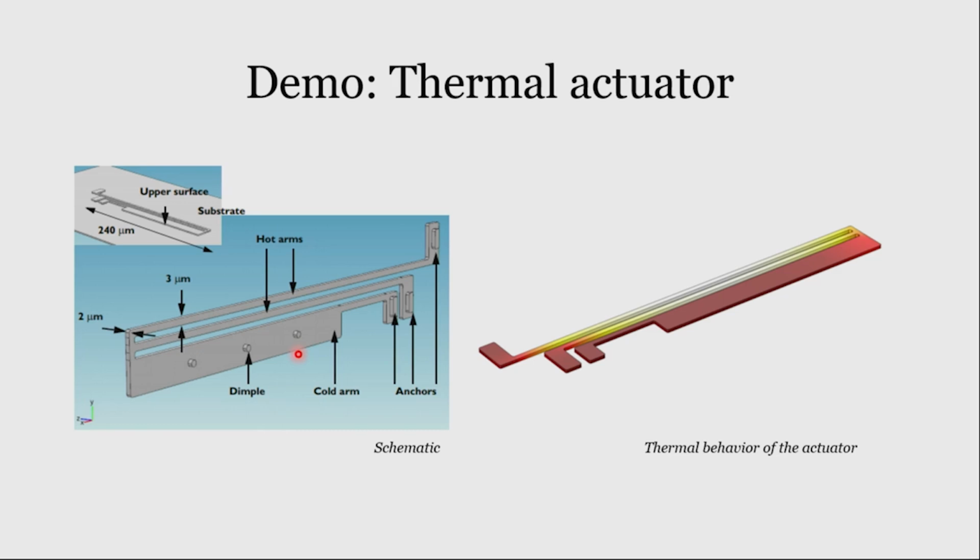So this dimple will allow your movement only in the tangential direction of its surface, not normal direction. So it cannot move up and down, but it can move laterally. So if you assume that this arm, that is the top arm, is going to thermally expand, then it will actually move toward the lower side.